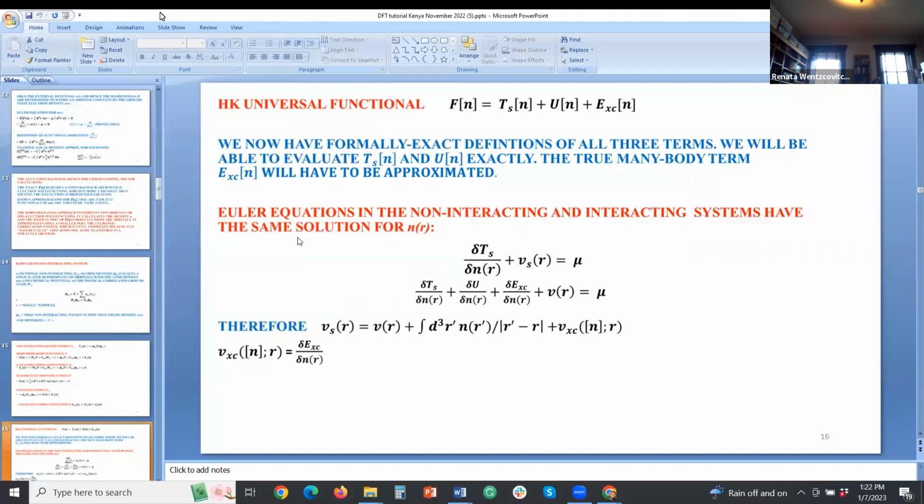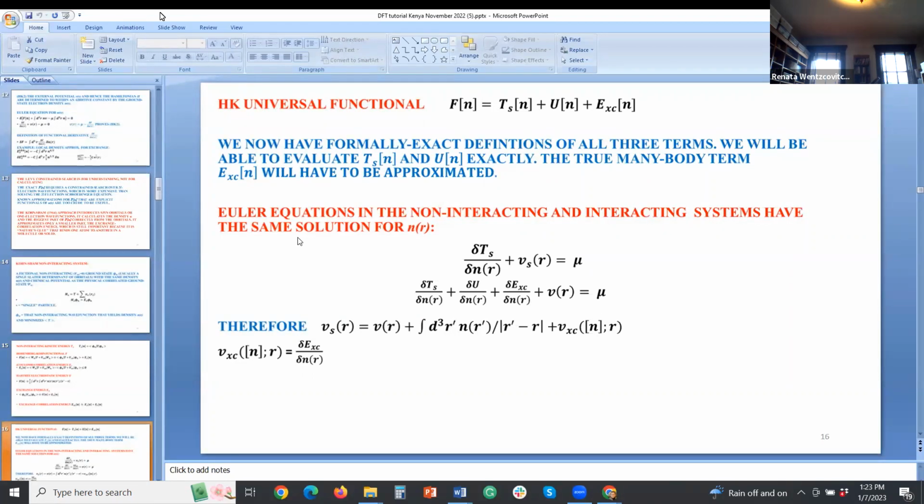Ts of n is the non-interacting kinetic energy defined on the preceding page. U of n is the Hartree energy defined there, and Exc of n is the exchange correlation energy defined there. We have exact expressions for all these things, and as you will see in another slide or two, we can compute Ts of n exactly using Kohn-Sham orbitals.